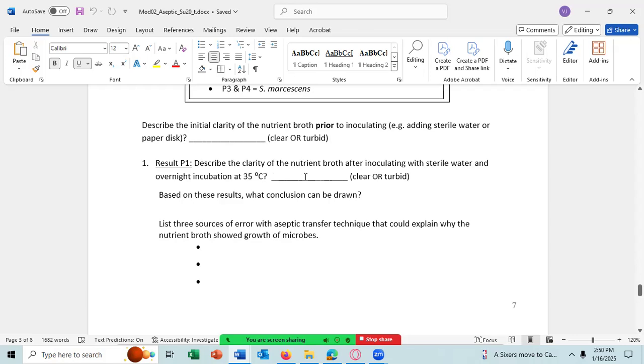Then do question 1, the result of procedure 1. Describe the clarity of the nutrient broth after inoculating with sterile water and overnight incubation at 35 degrees C. Was it clear or turbid? And then 1B, based on these results, what conclusion can be drawn? And you must use the wording of the table.